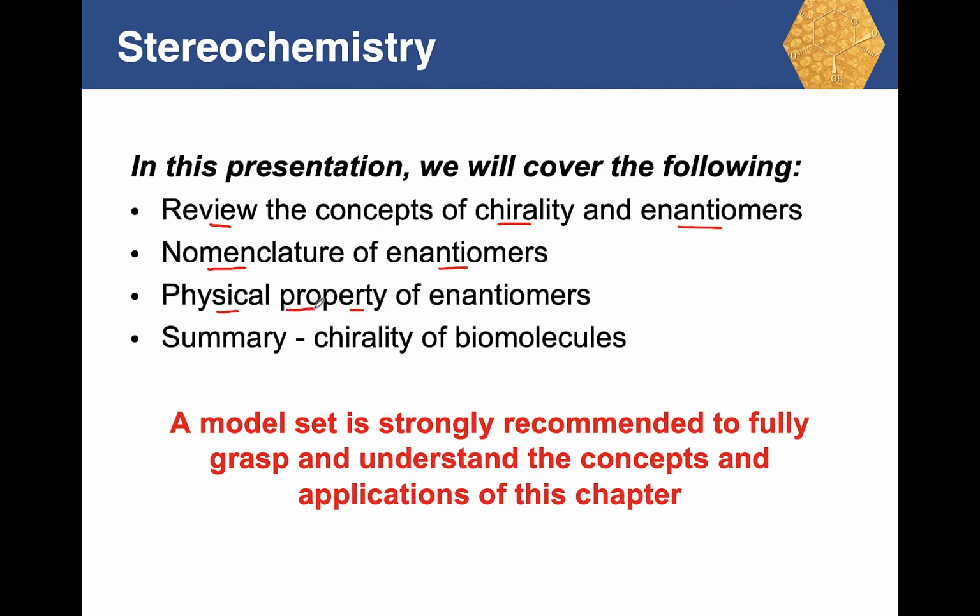Notice I'm not indicating properties, but just one. There's only one property difference between the stereoisomers known as enantiomers. Lastly, we'll do a summary and show the importance of chirality or stereochemistry in biomolecules.